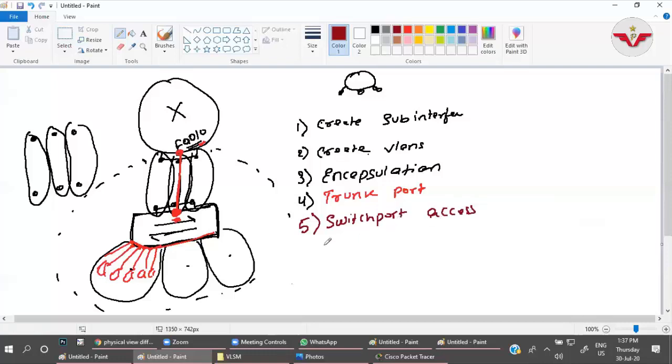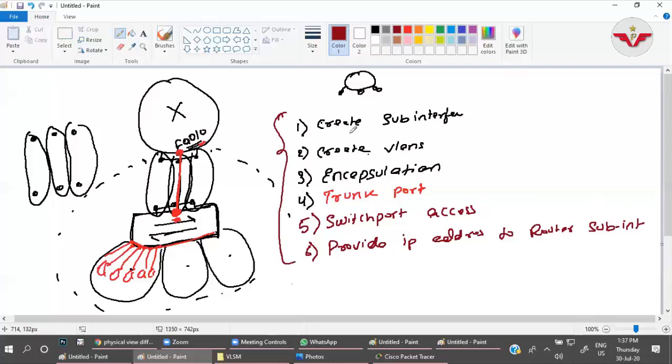Okay, and then provide the IP address to the router sub interface. Now there is no hard and fast rule to configure in this sequence.